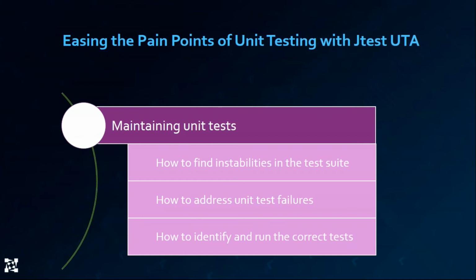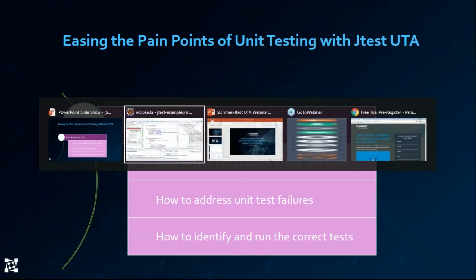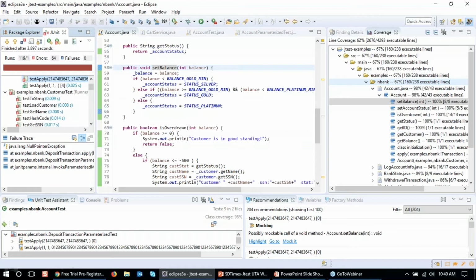As you go through the maintenance of it, UTA can help find instabilities in your test suite. And then we can also look at how to address those unit test failures. UTA can also help identify and execute the correct tests based on the code changes you've made. So let's go back into the IDE and continue from where we left off.